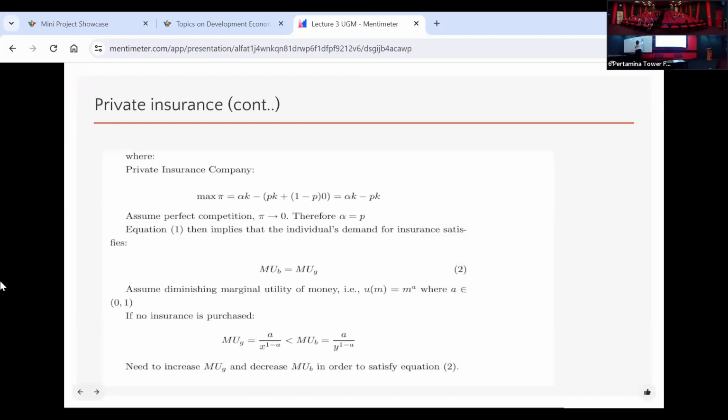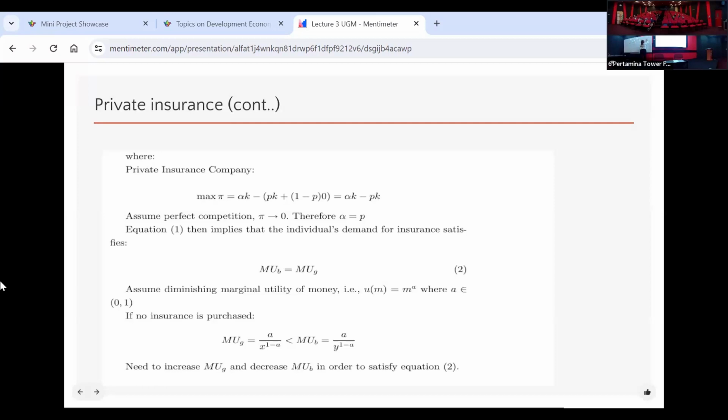If the firm is trying to maximize profit, so if I'm maximizing pi, profit is equal to alpha K, which is total revenue, minus the probability P that K has to be paid, plus 1 minus P times 0.